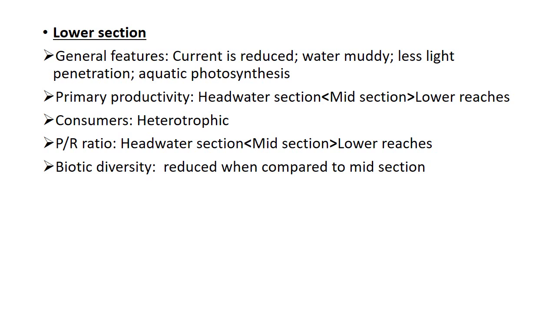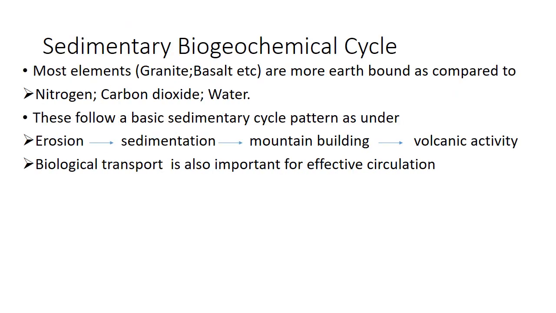The production over respiration ratio in the headwater section is less than that of the mid section, which is greater than that of the lower reaches, and biotic diversity is comparatively low, almost similar to the headwater section. The nature of the species might be different, but diversity is almost similar to that of the headwater section.